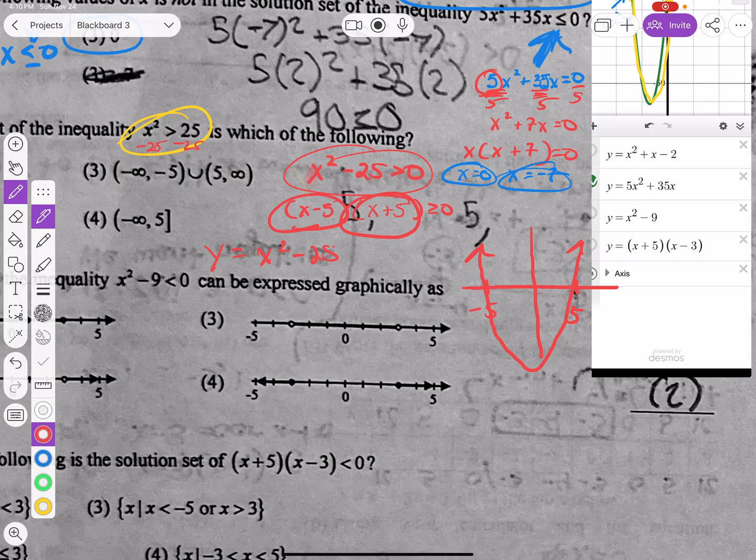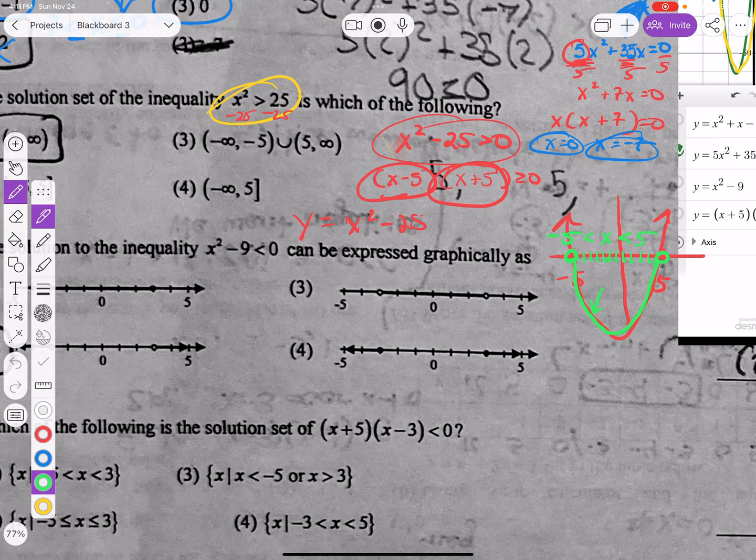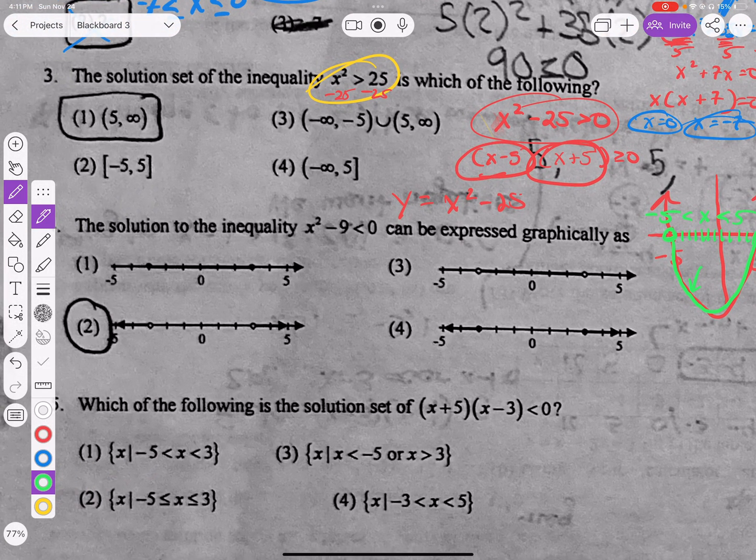Well, that would be all the x's in between this 0 at -5 until I get to this positive 5. So I'm really answering, it's these x's that are producing these negative values. Where are those x's at? They're trapped in between -5 and 5, because we want to be less than 0.